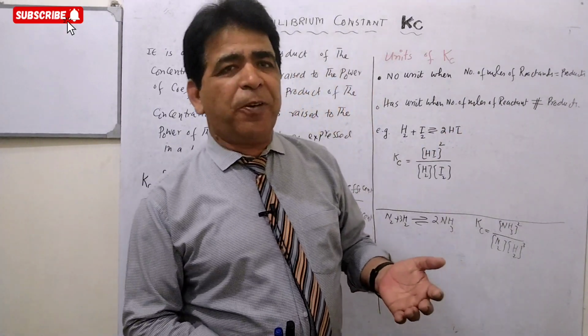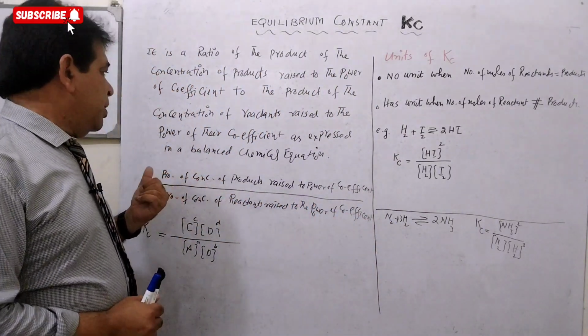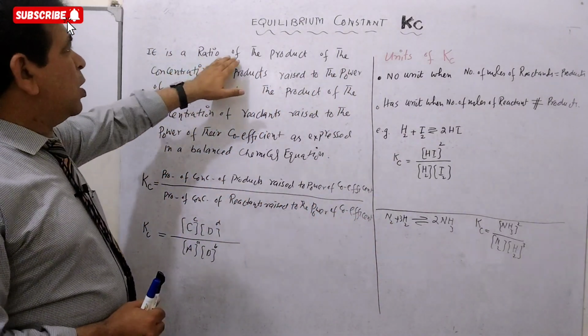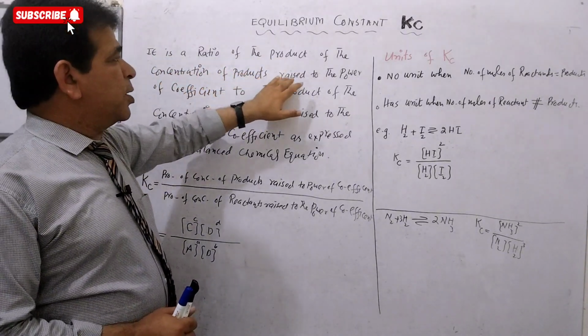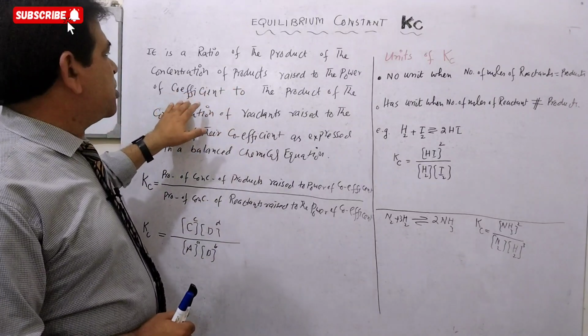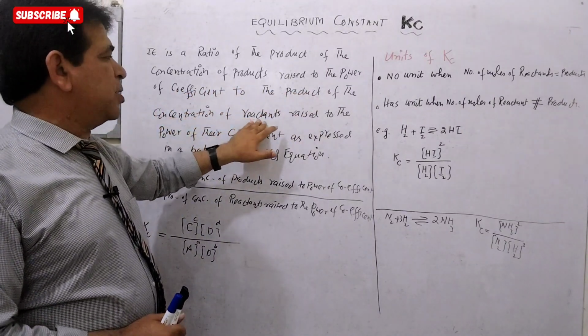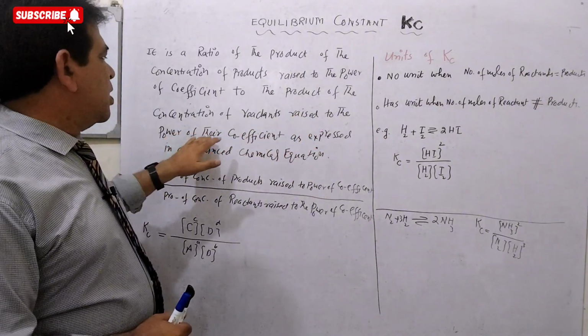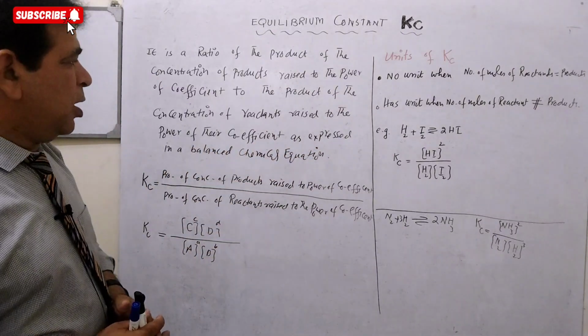Equilibrium constant can be defined in such a way that it is the ratio of the product of the concentration of the products raised to the power of their coefficients to the product of the concentration of the reactants raised to the power of their coefficients as expressed in a balanced chemical equation.